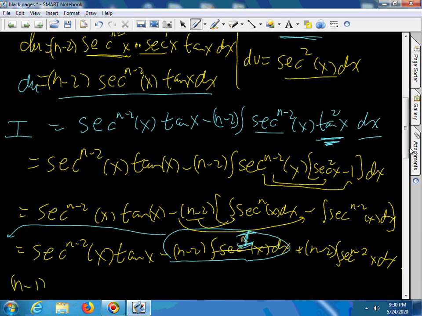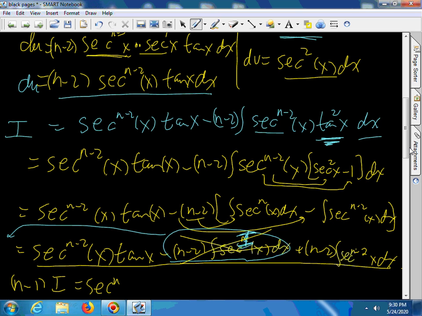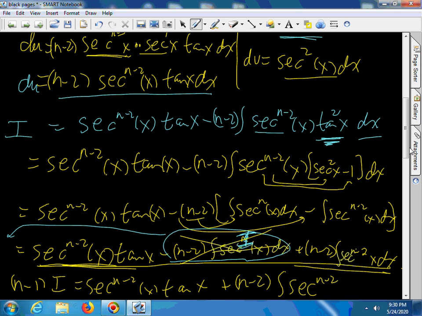N minus 1 times I is equal to all of this except this piece. I brought it to the other side. This is secant n minus 2 of x times the tangent of x plus this piece. N minus 2 times the integral secant n minus 2 x dx.